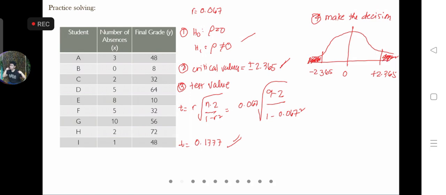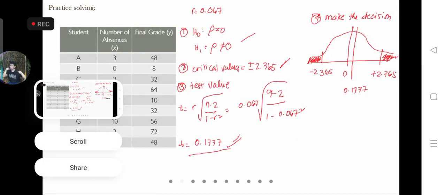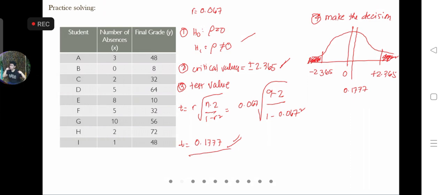But since our test value is 0.1777, which is not in the critical region, what happens to our hypothesis? Do not reject. Since it is not inside the critical region, it is automatically do not reject. So we do not reject the null hypothesis.